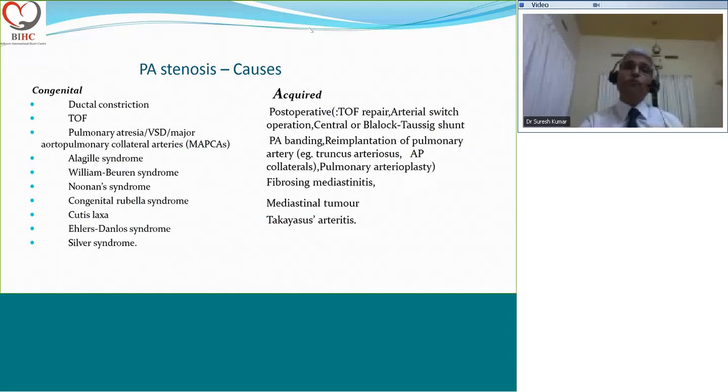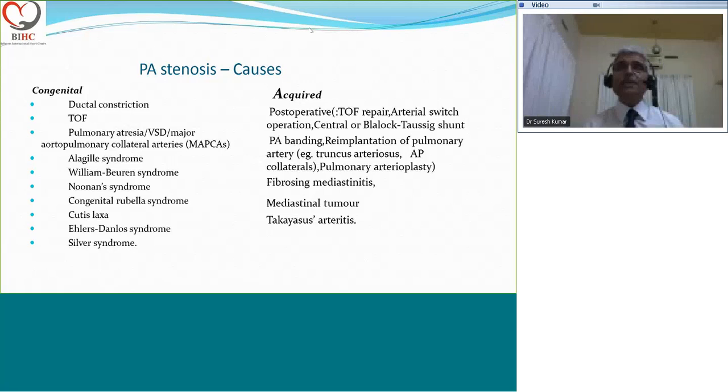Acquired: following tetralogy repair, whatever you have done to the pulmonary artery, if you have done anything to the pulmonary artery, that site can potentially get narrowed. Following a tetralogy repair, arterial switch, where in the Lecompte maneuver they get stretched.